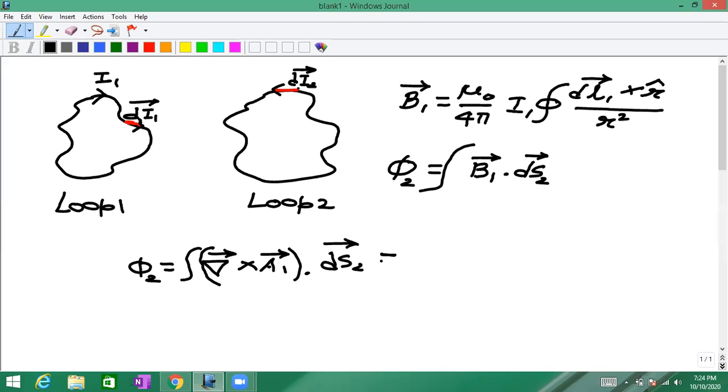But here you see we can use the Stokes theorem. Do you remember the Stokes theorem in vector calculus?